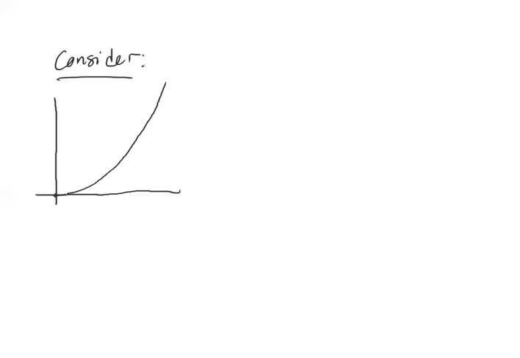Let's consider the following region or shape. A region would be an area enclosed by curves. I'm going to draw a coordinate plane here. And let's say I have this function, f of x is equal to x squared.